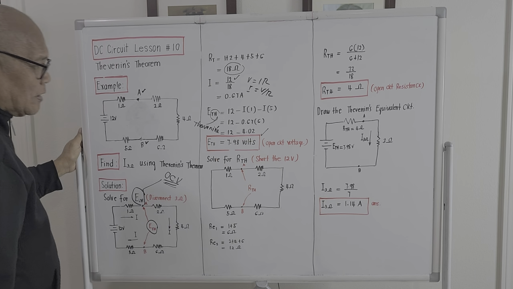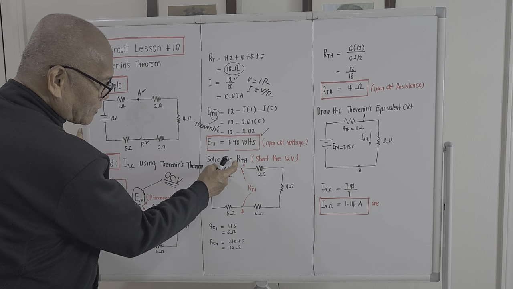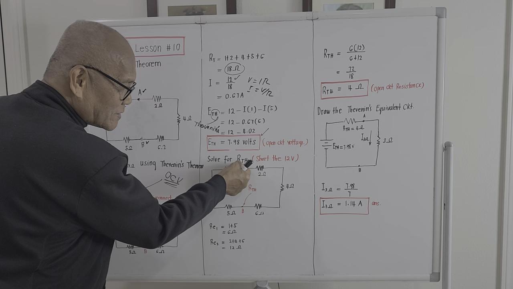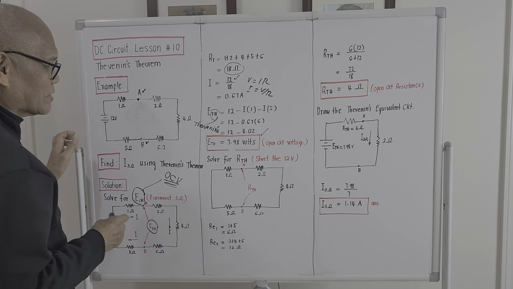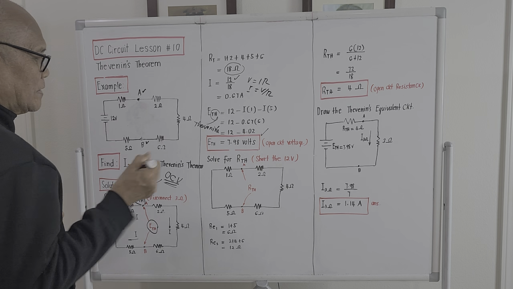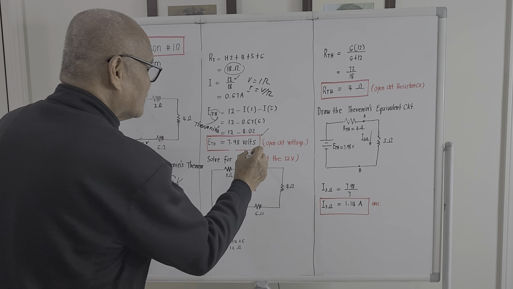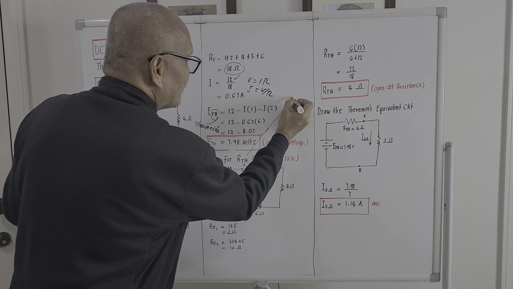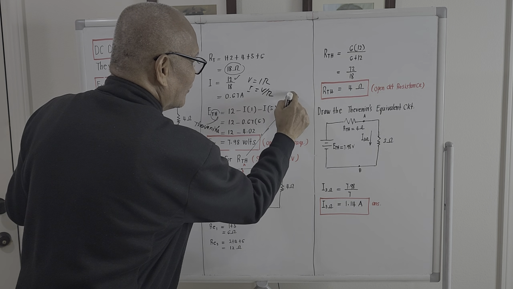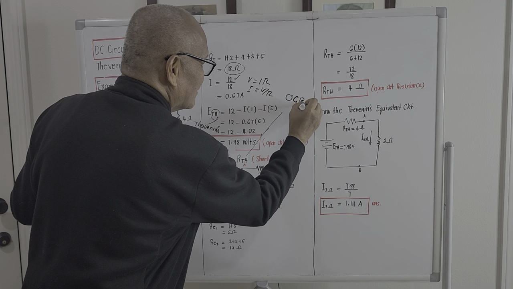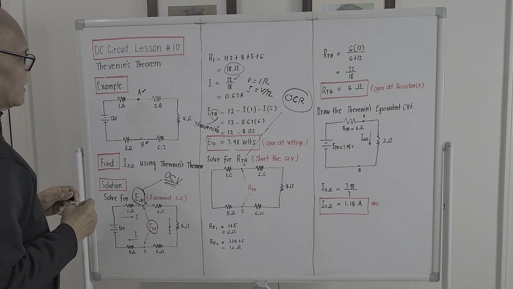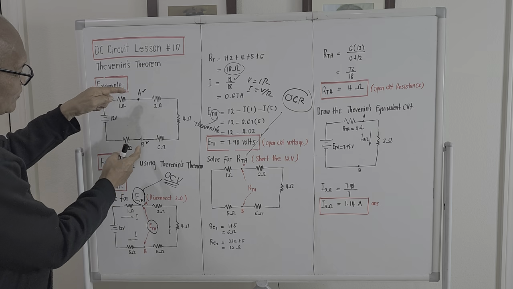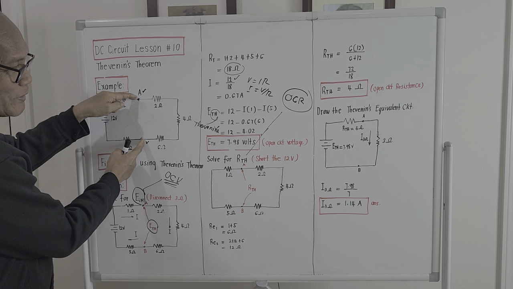Next step, we solve for capital letter R with subscript TH. And this is termed the open circuit resistance. Like on the voltage, if we try to measure the voltage here, we will be using the voltmeter.